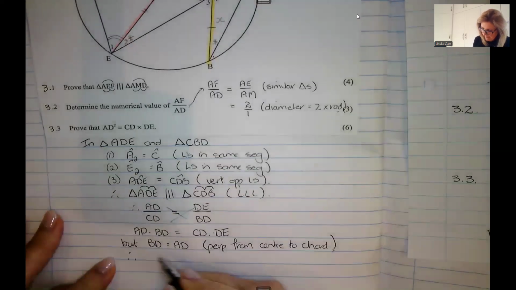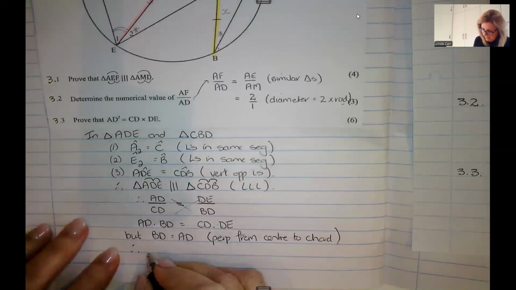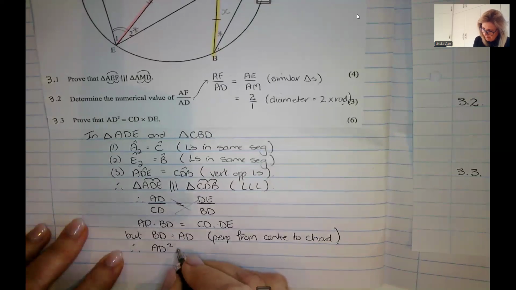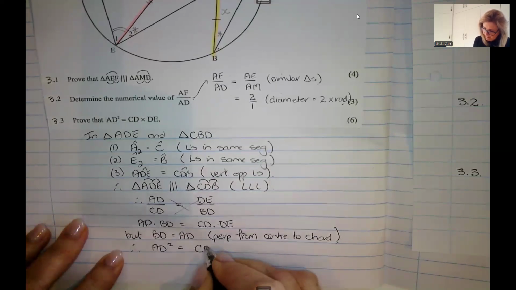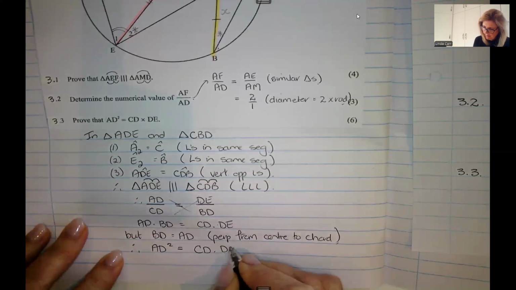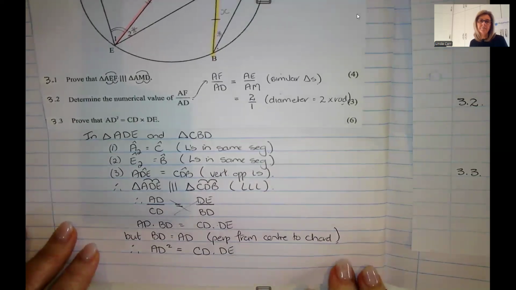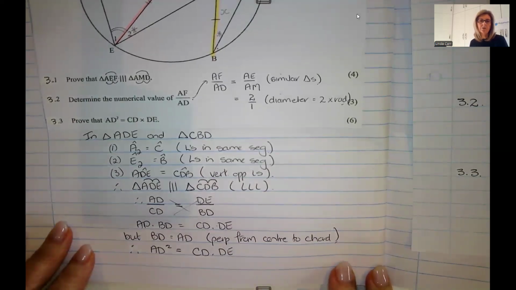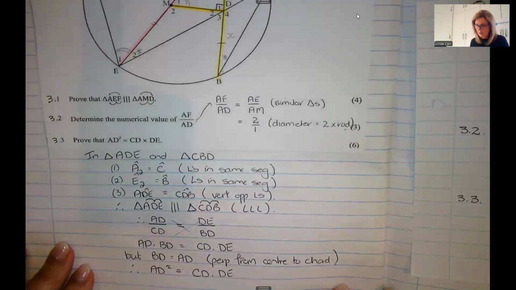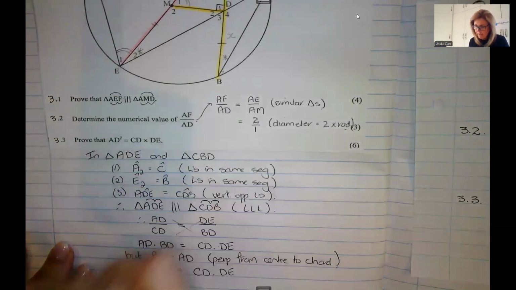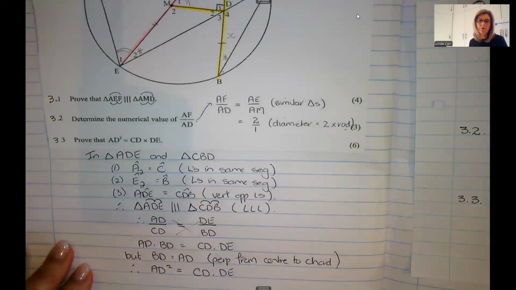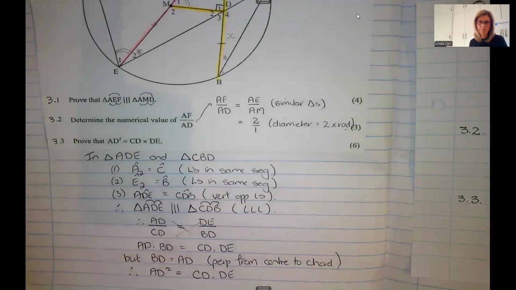And finally, I can replace BD with AD, so therefore AD squared is equal to CD times DE. All right, it's a very nice 6-mark question. The important thing was to recognize where the AD squared came from and to exercise our options there.